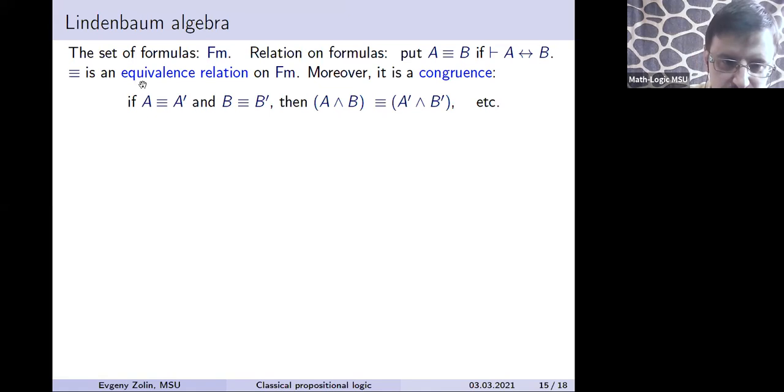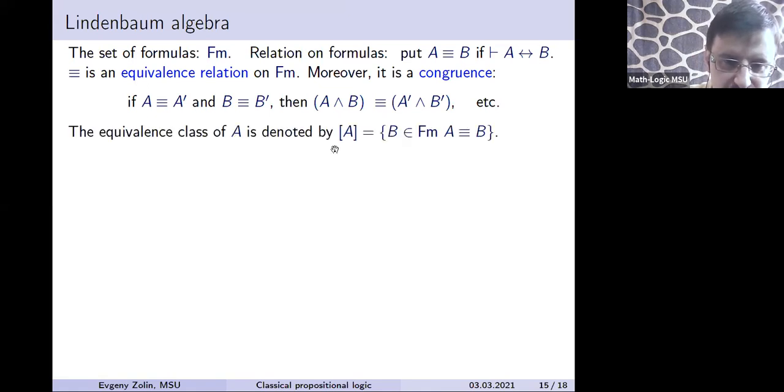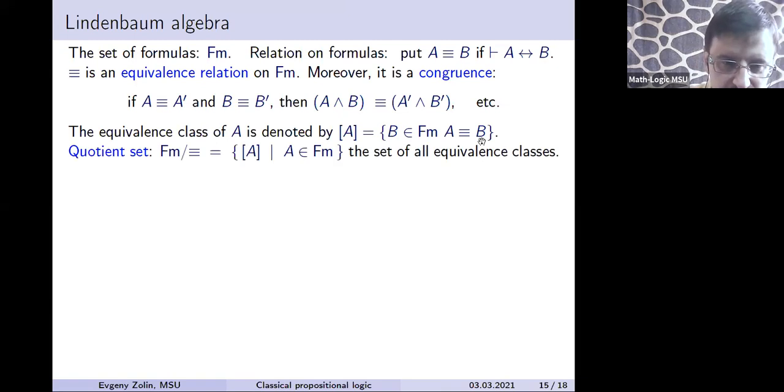So since we have an equivalence relation, we can consider equivalence classes, the set of all formulas B that are equivalent to A. And we consider the quotient set. Quotient set, the set of all equivalence classes.